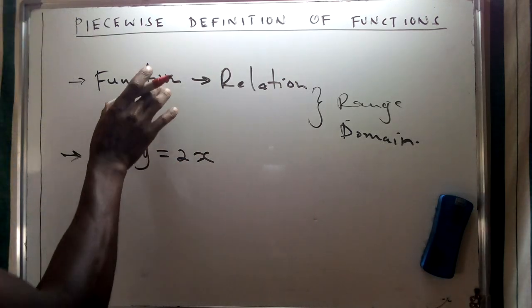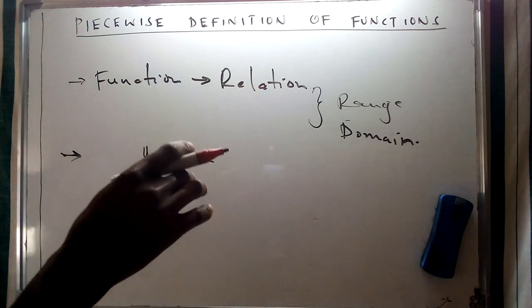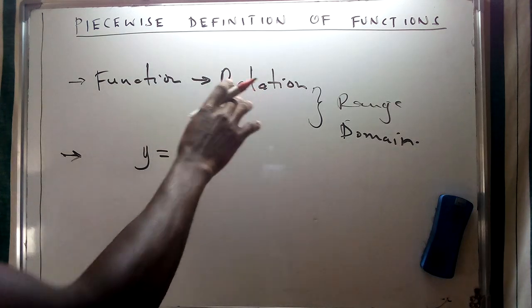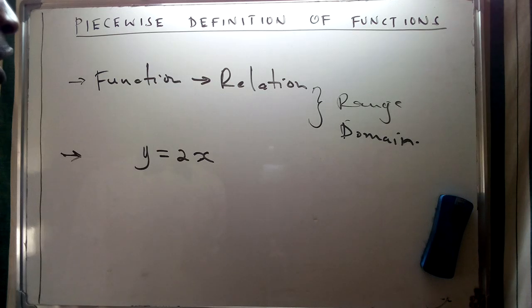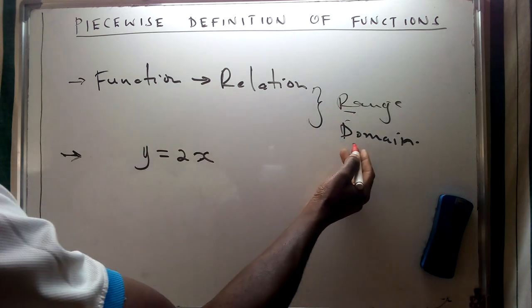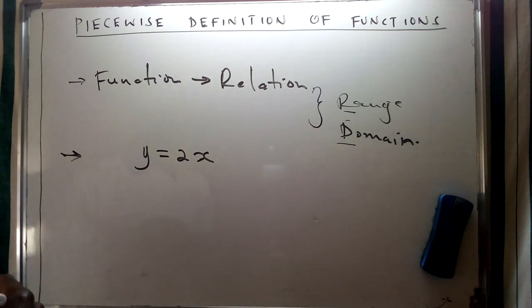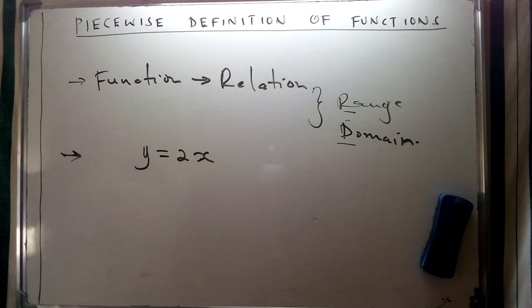I've said that a function is a special type of relation, which can also be defined as a special rule that assigns exactly one element in the domain to another element in the range. And of course, this is going to be given in terms of an equation, which I've given on the board for us to remember.